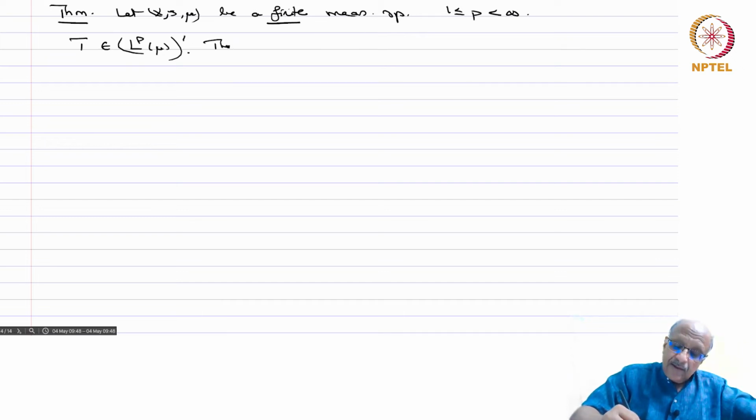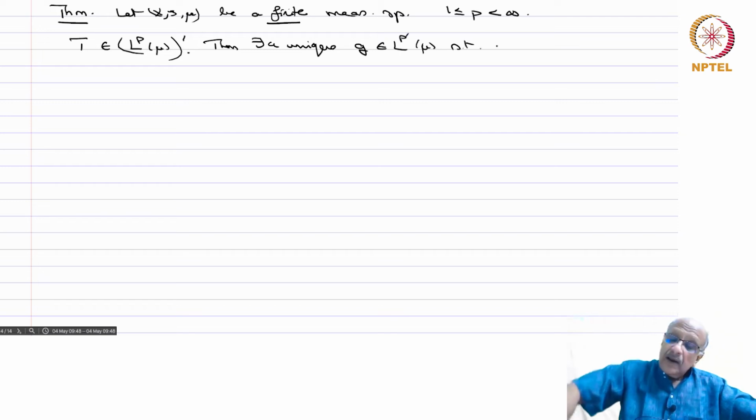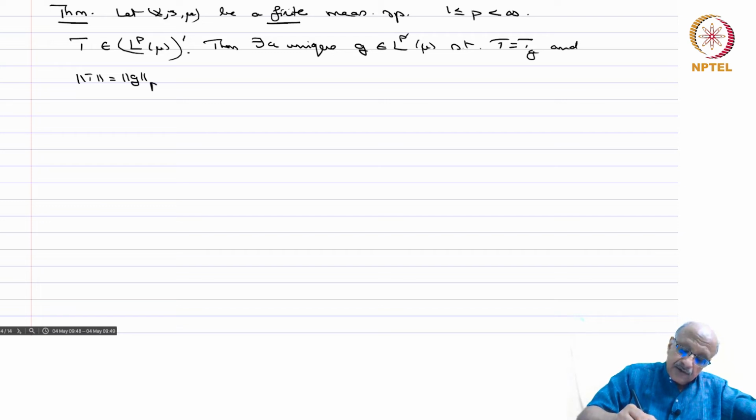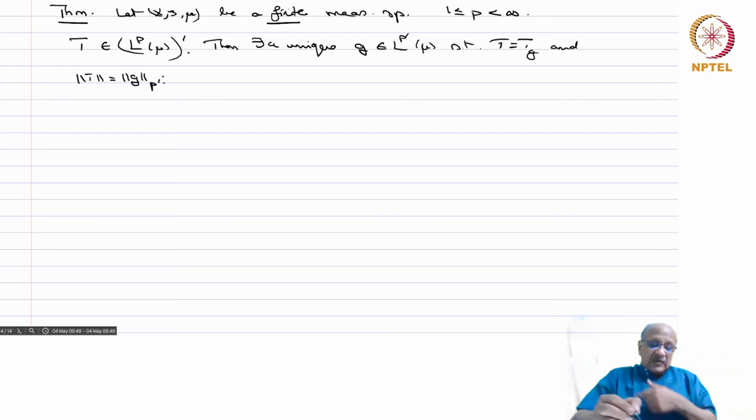Then there exists a unique G in L p dash mu such that T equals T G and norm T equals norm G p dash. So we are proving the surjectivity and the isometry in this case.